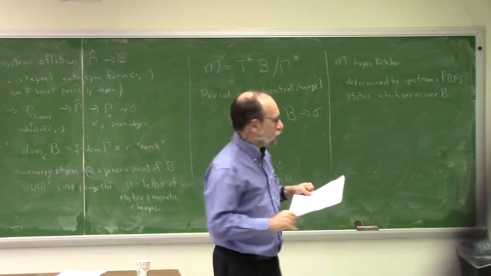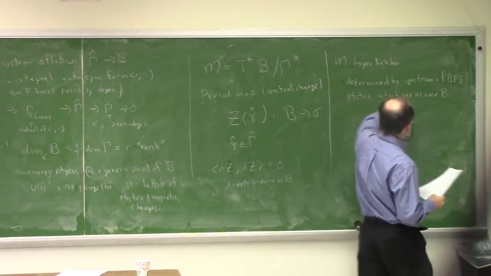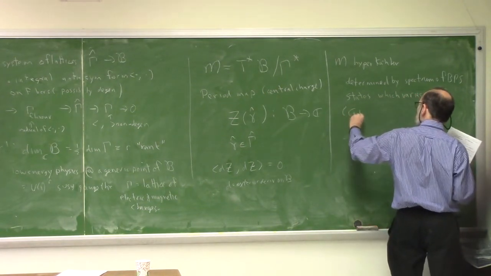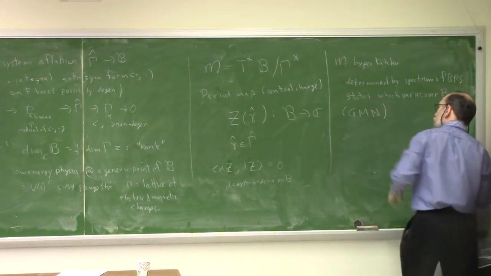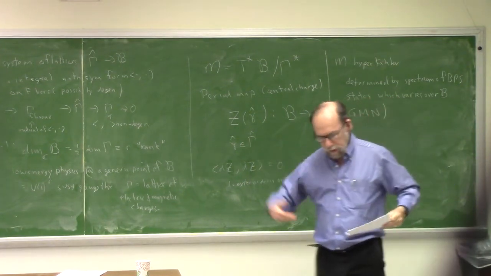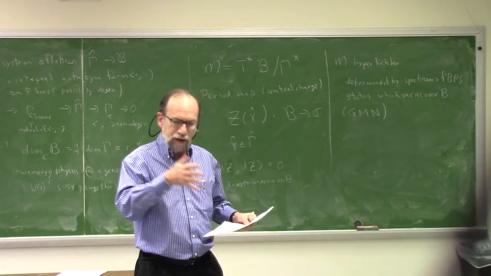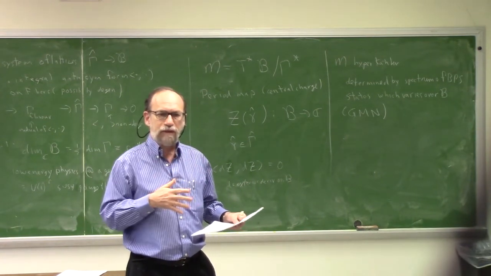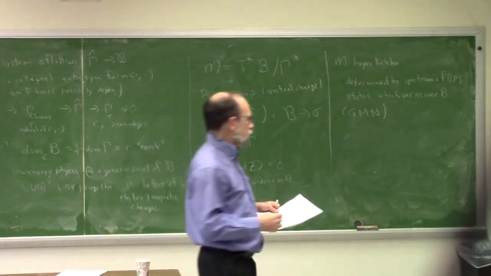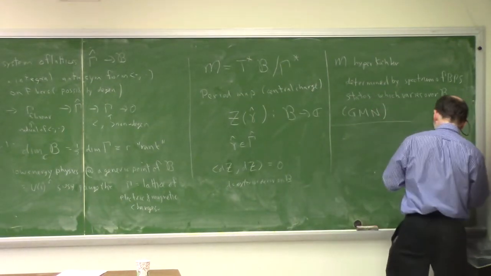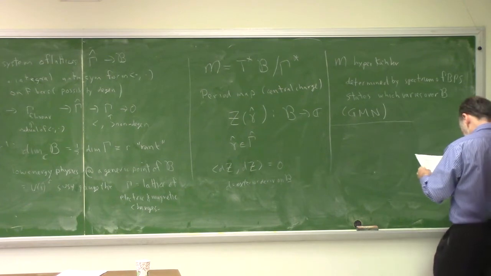Okay, so all this jumping of the BPS spectrum is a beautiful observation by Gaiotto, Moore, and Neitzke. The smoothness of the hypercalar metric puts very tight constraints on how the spectrum of BPS states can jump, and in favorable circumstances actually lets you determine what the spectrum of BPS states is.